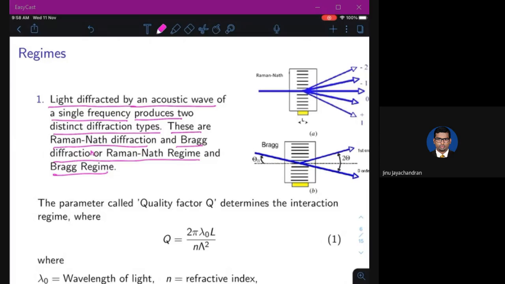So there's an acoustic wave which is supplied to this material, and an optical wave also supplied to this material. The wavefronts are shown in this material. In Raman-Nath diffraction, once the wave enters the medium where there is a change in acoustic material, then it will diffract after incident on this wavefront.